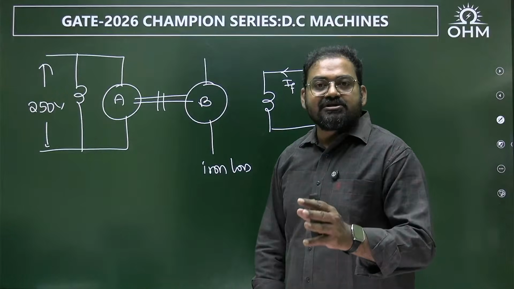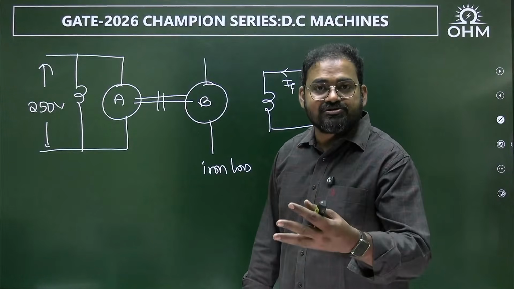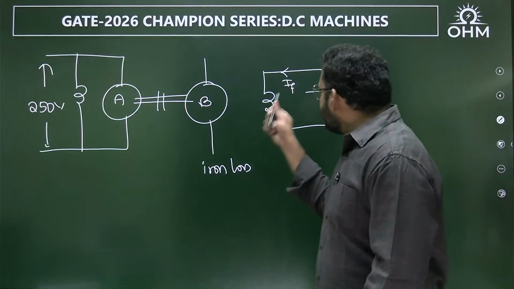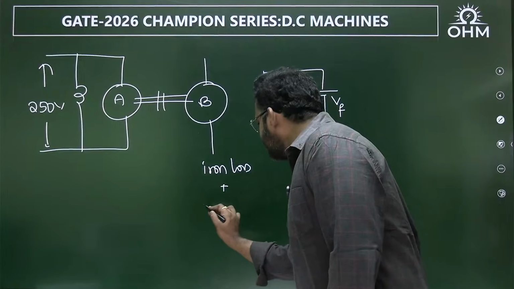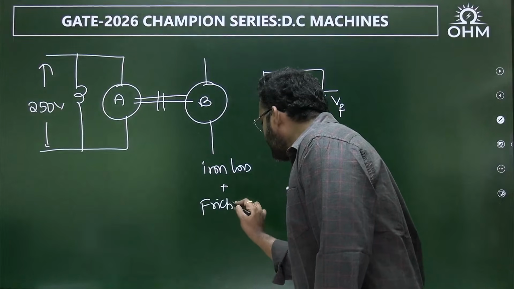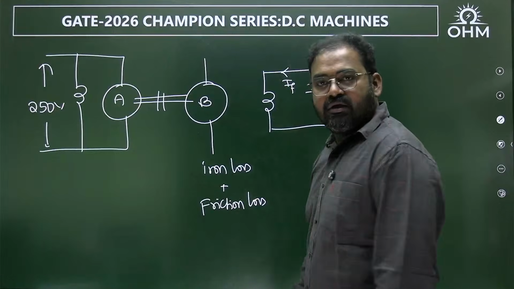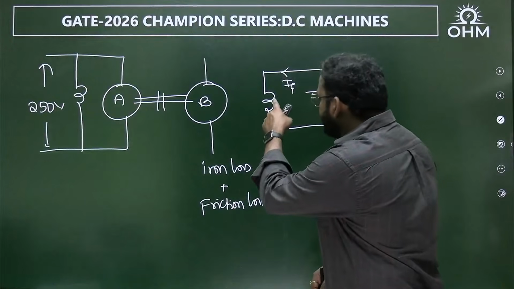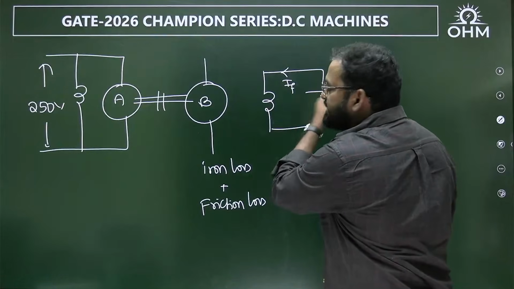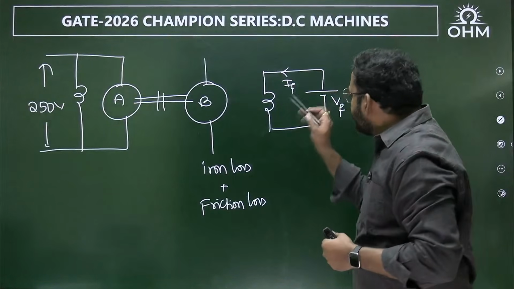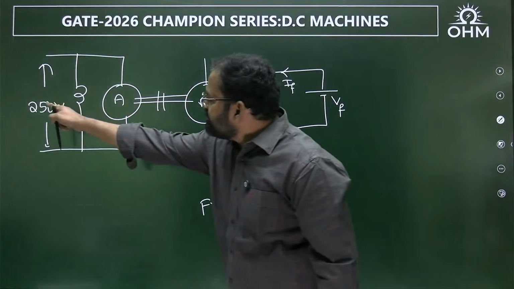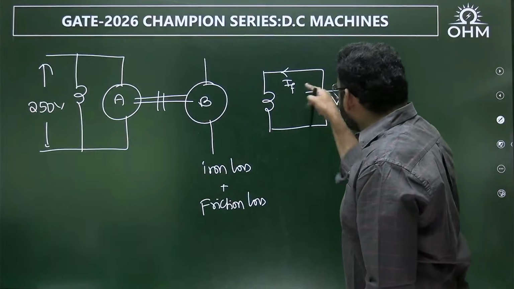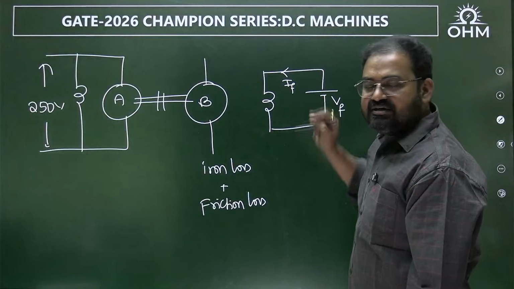Remember, iron loss will depend upon speed only or flux also? Flux also. This time the field is excited, so iron loss will be present. Next, friction loss will be present because rotor is rotating. Don't include copper loss this time. Why? Because the field is separately excited. Therefore, whatever power loss is there in this field winding, it was not drawn from this source. It was separately drawn from another source because it is separately excited.